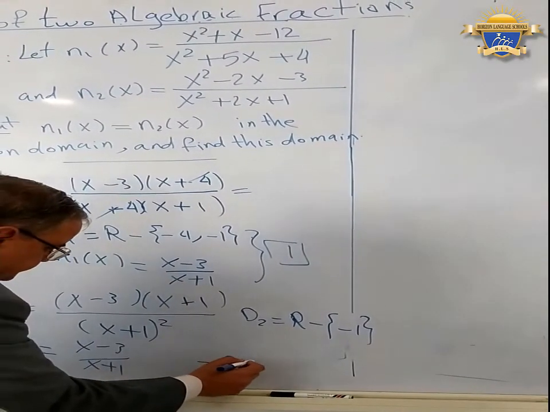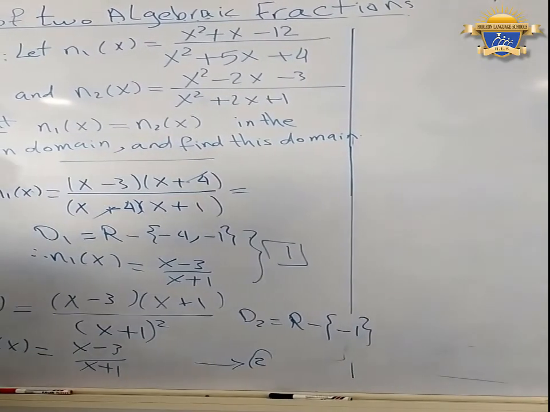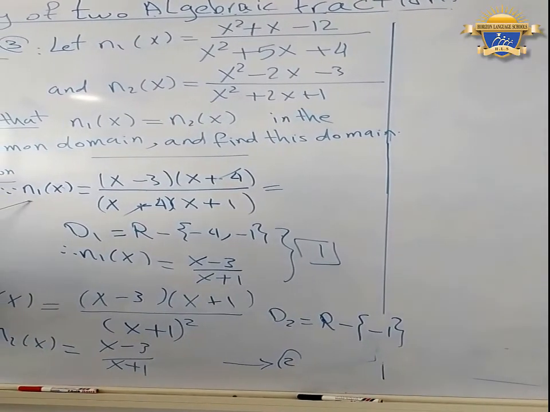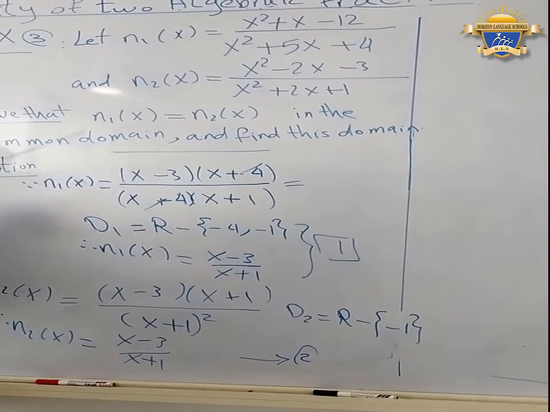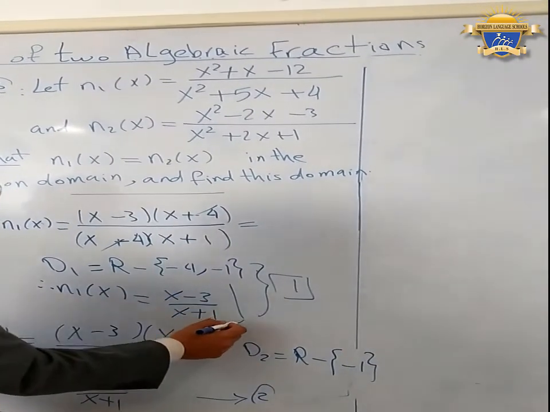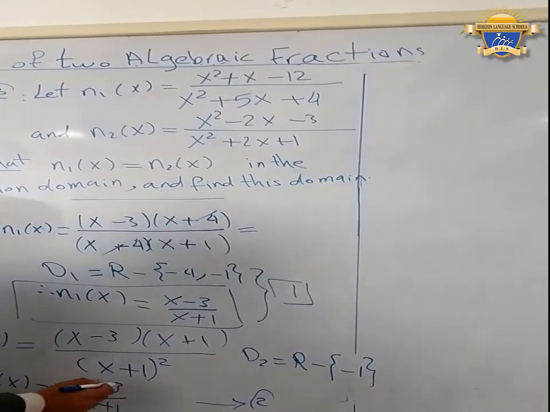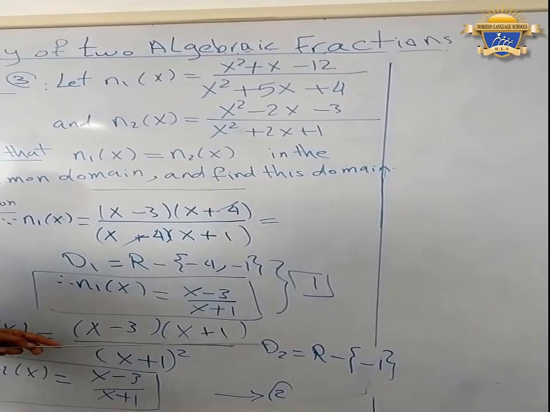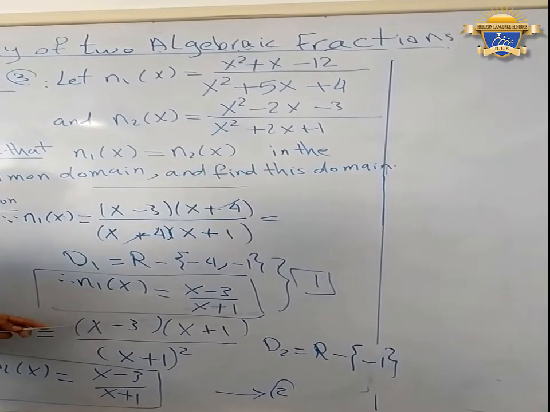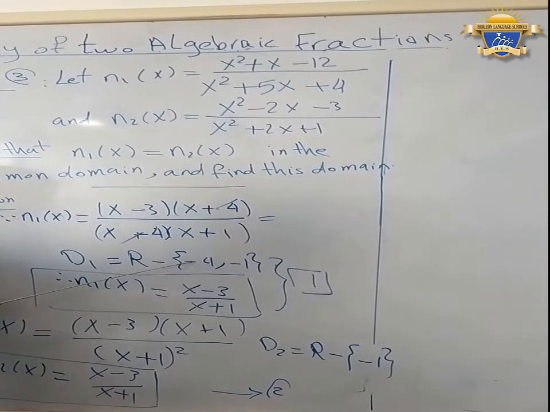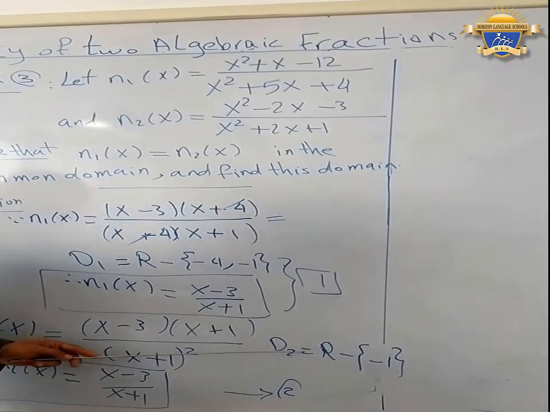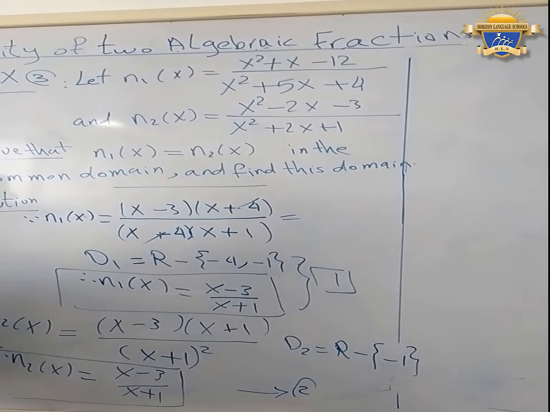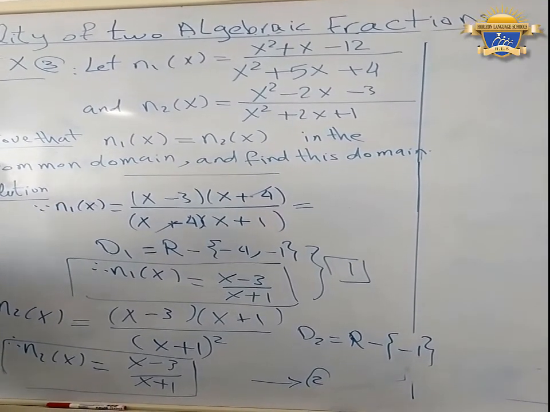Number 2. From 1 and 2, we find that N1 and N2 have the same rule after reducing them. But they have different domains. The domain here is R minus {negative 4, negative 1}. The domain here is R minus {negative 1}. So N1 does not equal N2, except in the common domain.